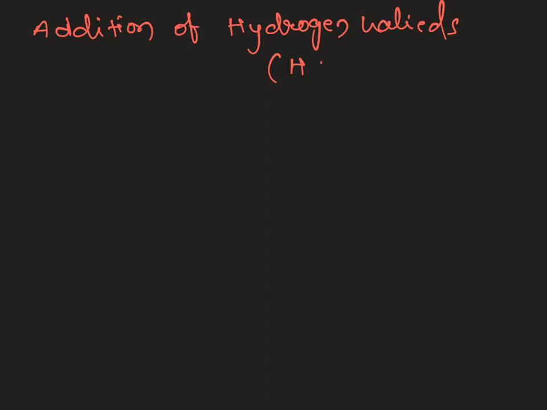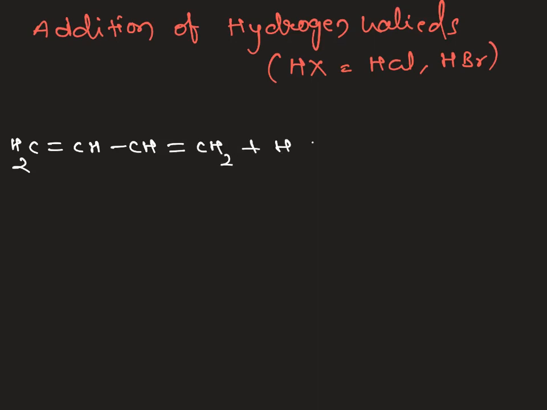So I am generally representing HX. It may be HCl or HBr. We can take any one. What happens here if I react butadiene with HX? It is also an addition reaction.